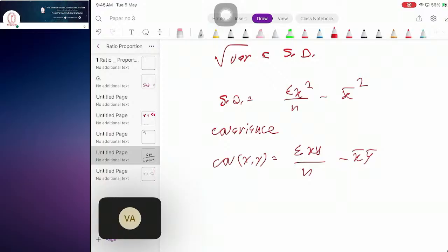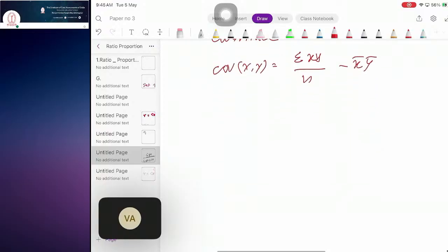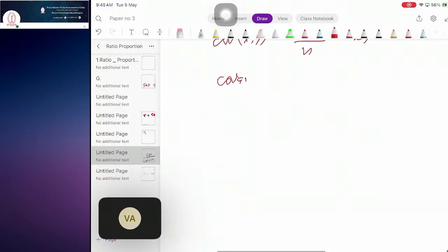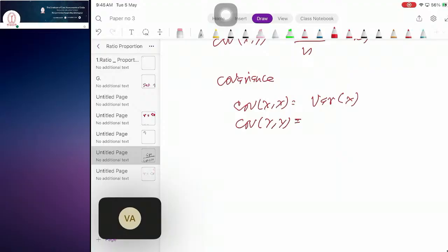Then what are the important properties of covariance that we discussed yesterday? Covariance of x comma x, the same variable repeated, is equivalent to variance of x. Covariance of y comma y is the same as variance of y.